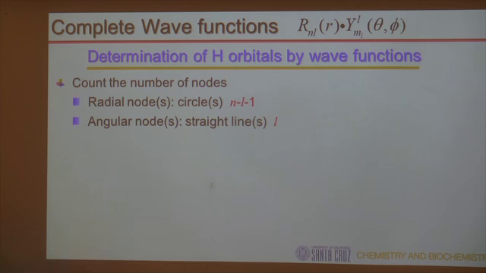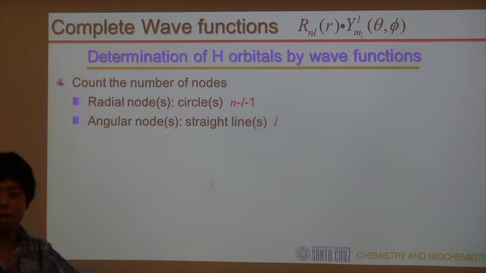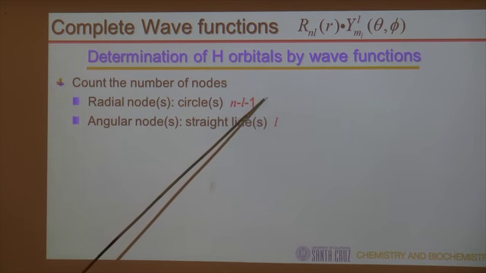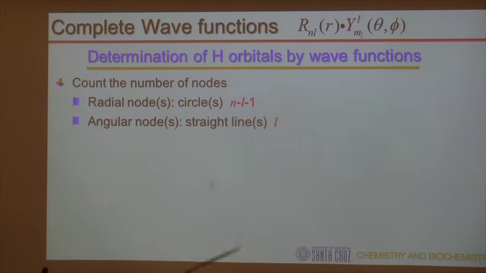And there are the angular nodes. In a two-dimensional picture, they're just straight lines. What I showed you before, the d orbitals, they are crossing here. You already told me the number of angular nodes is l. By counting the number of different nodes here, we will be able to evaluate n and l. Think about that. If n minus l minus 1 equals some number, and l equals some number, we can get n and l.